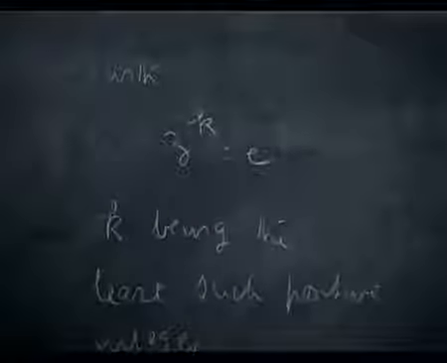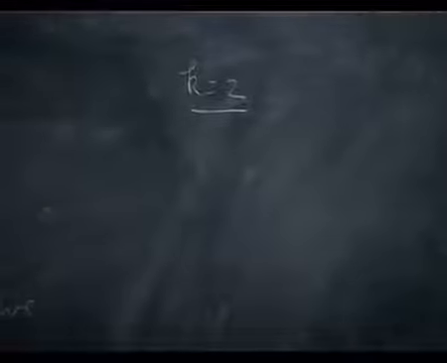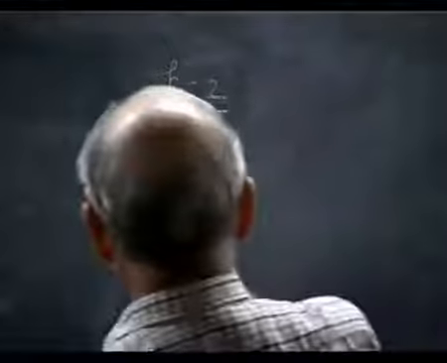For example, for cycle of length k equal to 2, the cycle is a transposition. These are transpositions.